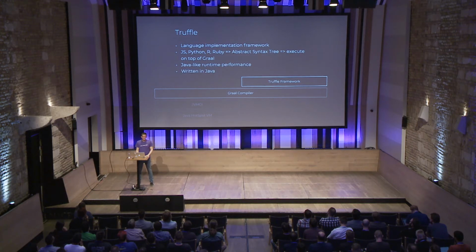By the way, Truffle is written in Java, so you can take a look at the source code, or you can even modify it. You can write implementations for your favorite languages. Truffle, out of the box, comes with support for Python, Ruby, R, and JavaScript. So you can use these languages right now.